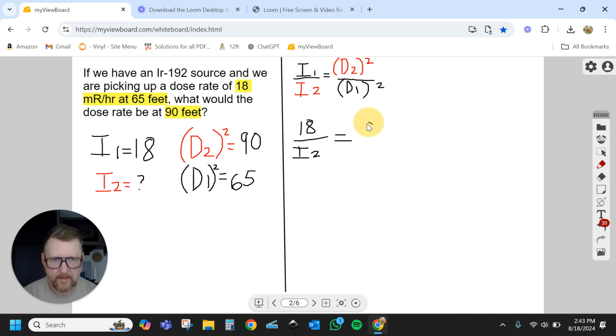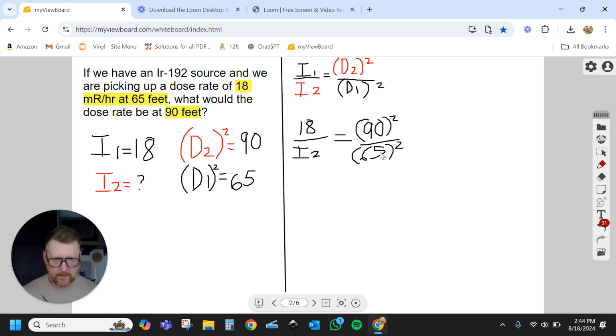Distance 2 is 90 squared over distance 1, which is 65 squared. Now we've got 18 over intensity 2 equals 90 squared divided by 65 squared.